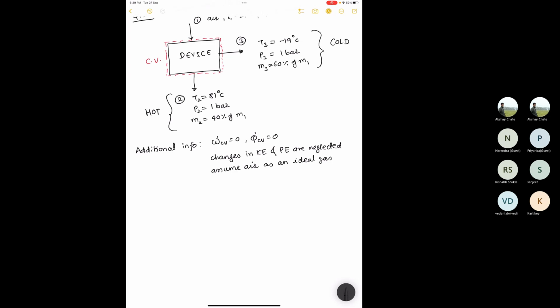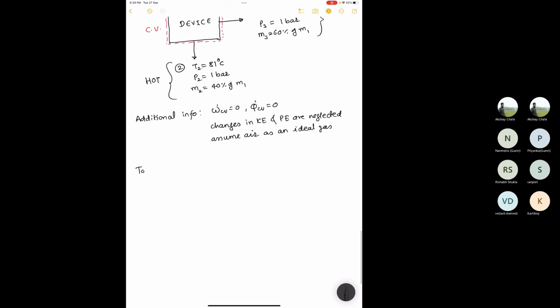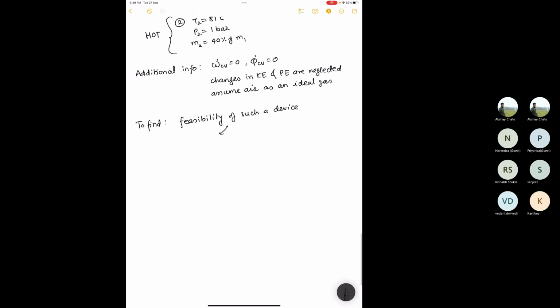Now you have to find the feasibility of such a device, whether this claim is valid or fake. To do that, you need this device to satisfy the first law, which is the energy balance, and the second law.